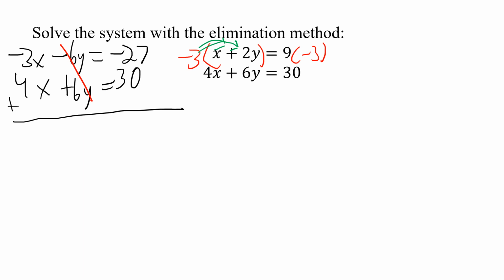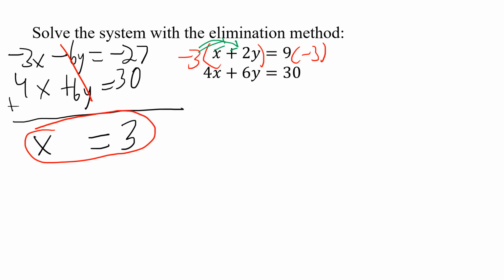Well, negative 3x plus 4x, that's the same thing as 4x minus 3x. That's just 1x. It's just x. Then we got to bring down that equal sign. Negative 27 plus 30, well, that's the same thing as 30 minus 27, which would be 3. So x equals 3. All right, we already got half of our answer.